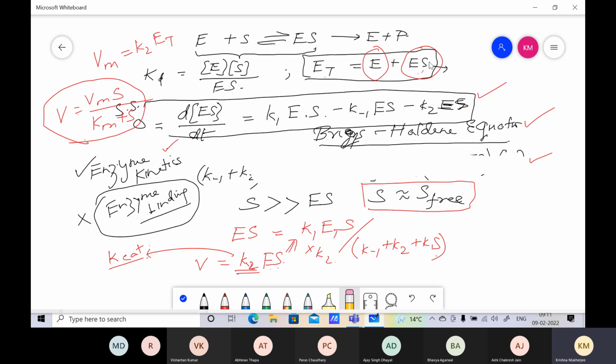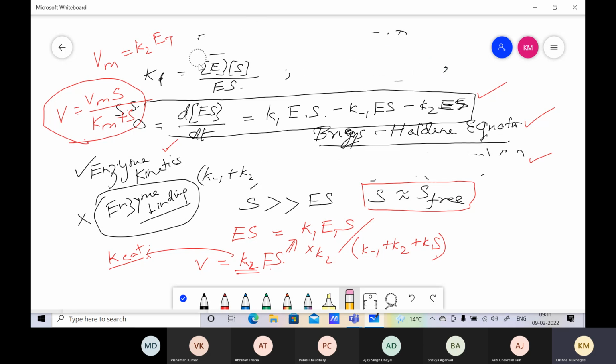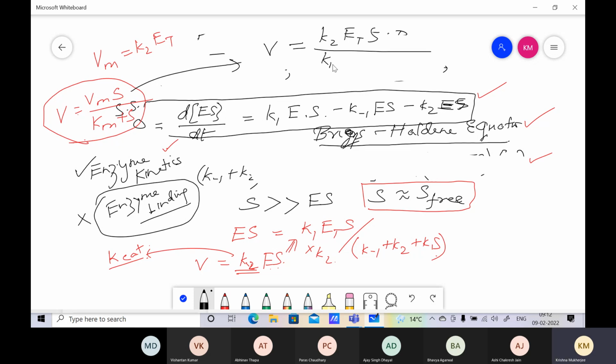If I rub this out, then this formulation here is actually V is equal to K2 ET into S, and then Km becomes what? It is no longer K minus 1 upon K1, it is K minus 1 plus K2 upon K1, plus S. Okay?